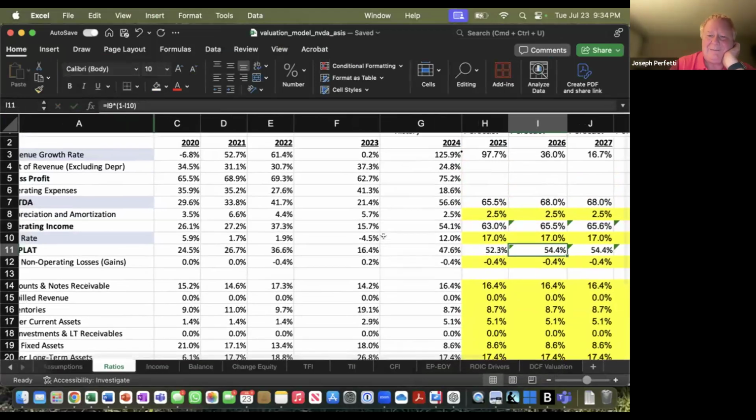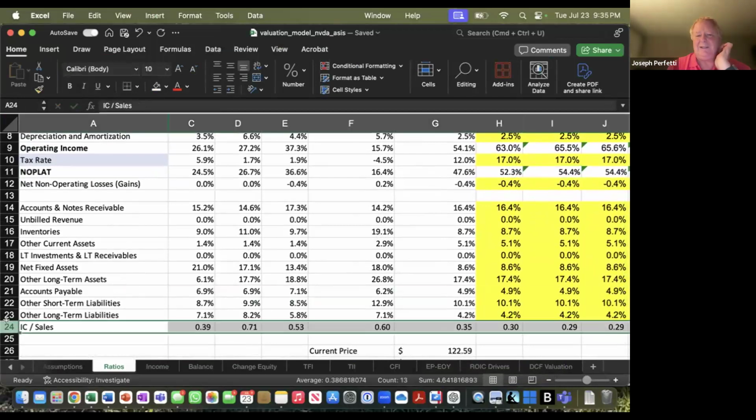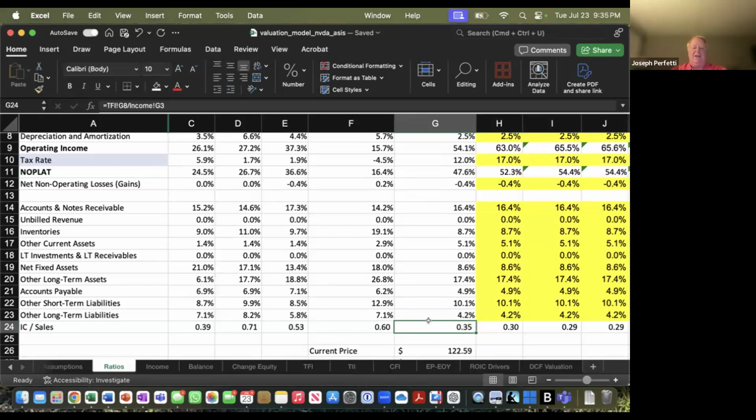The next number that we have to forecast that's going to be very important is the balance sheet ratios as a percentage of sales. Now, this is where this number comes into play. Invested capital to sales is balance sheet productivity. 0.35, which is where they were, means that every time we grow $1 of revenue, the balance sheet grows 35 cents.